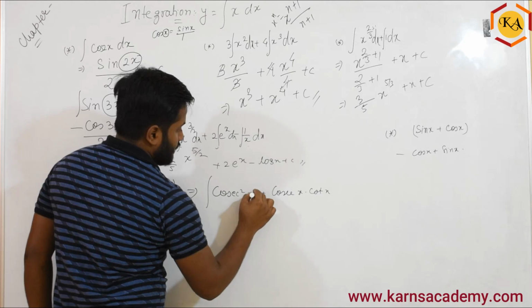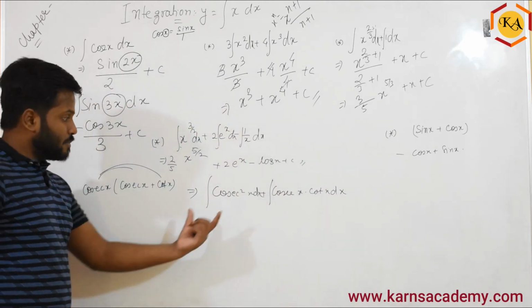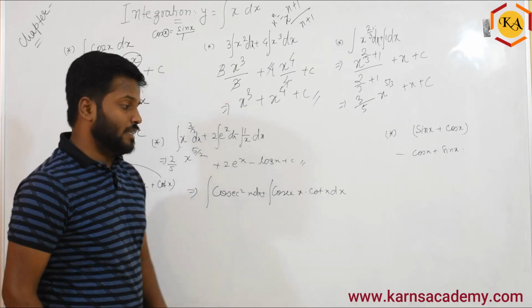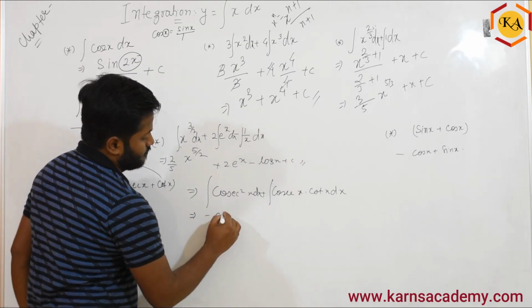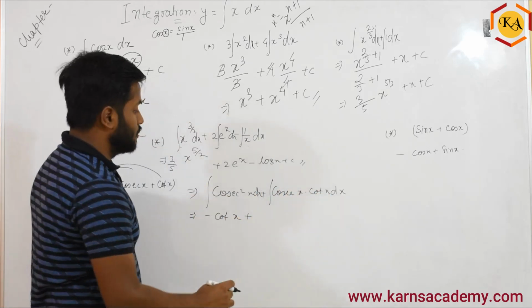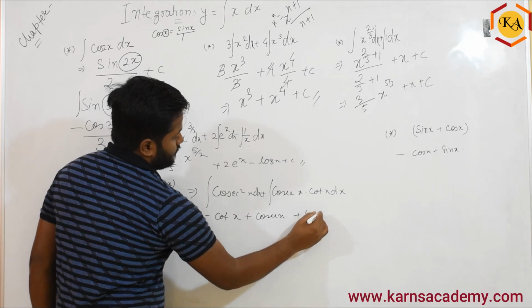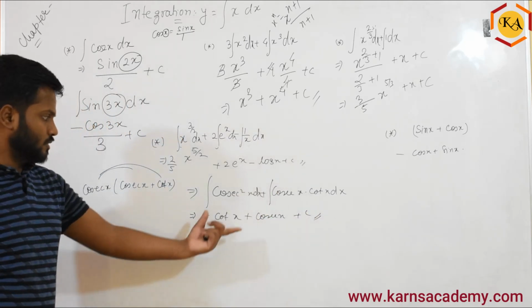Now you put the integration. This part cosecant x square will give you minus cot x plus cosecant into cot will give you cosecant x plus c. Just check whether it is minus or plus, and you can write like that.